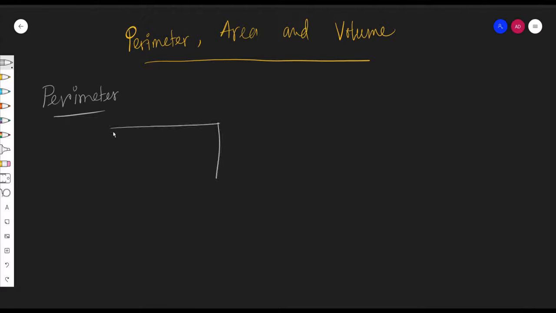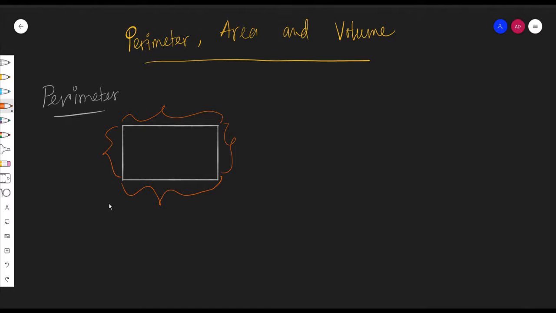Let's say this one is a rectangle, and this is one side, second one, third one and fourth one. These four sides, if I add all the sides of any flat shape, we will say it is the perimeter.